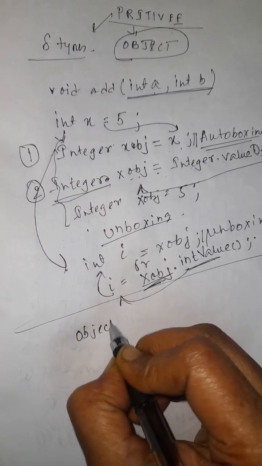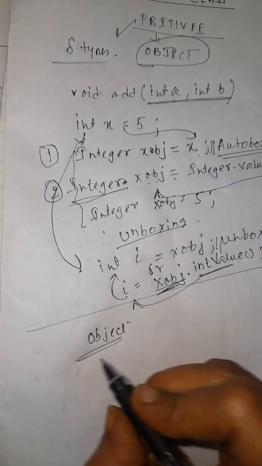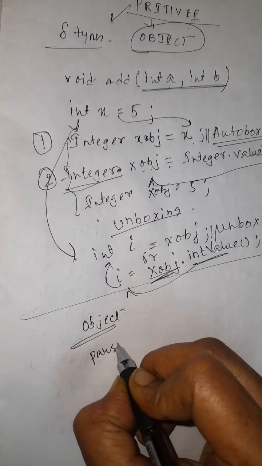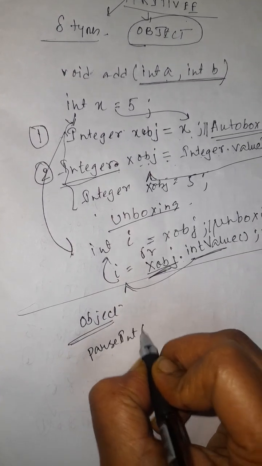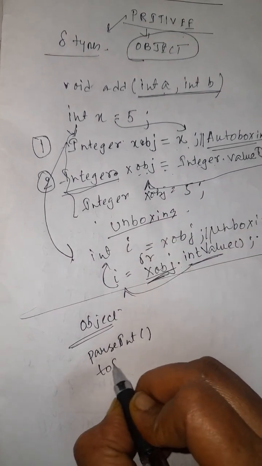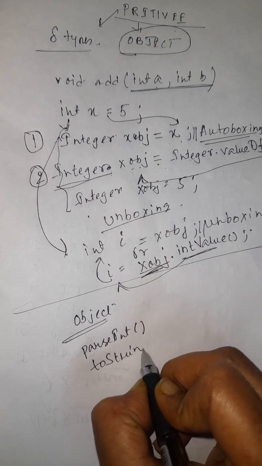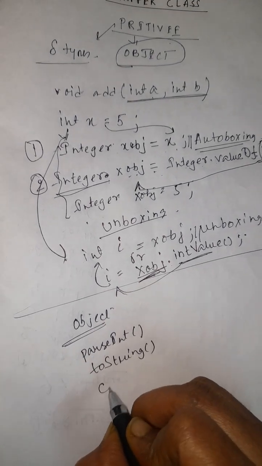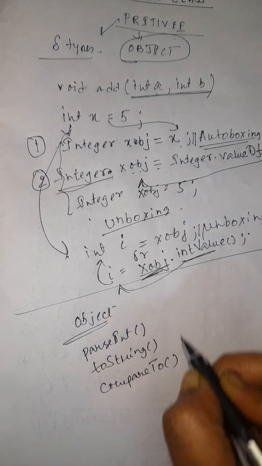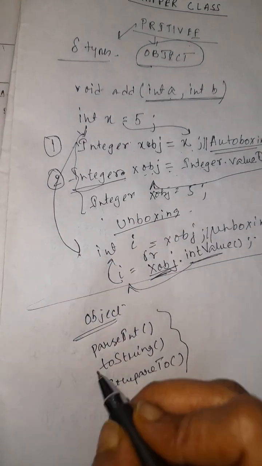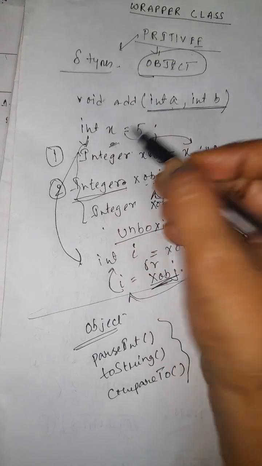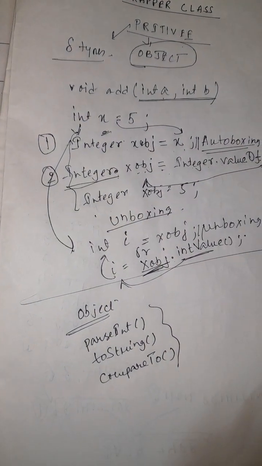You can call different types of methods, maybe percent, or one method you can call using the object of the wrapper class, maybe toString, compared to this type of functions.